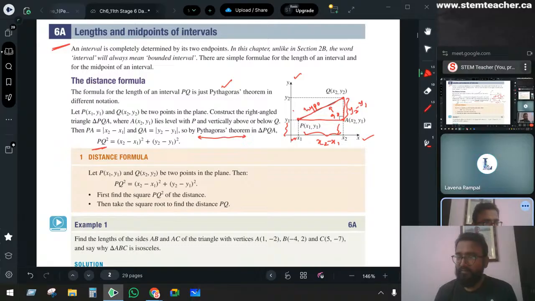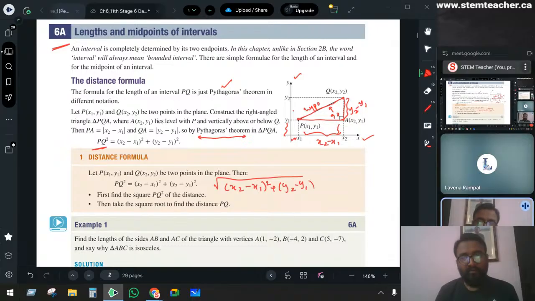Yeah, it's clear. Okay. So basic Pythagoras theorem has a lot of consequences, a lot of good applications. Here this provides the distance between two points. It is actually PQ is the distance, but we have written PQ square. So PQ will be the square root of (x2 minus x1) squared plus (y2 minus y1) squared.